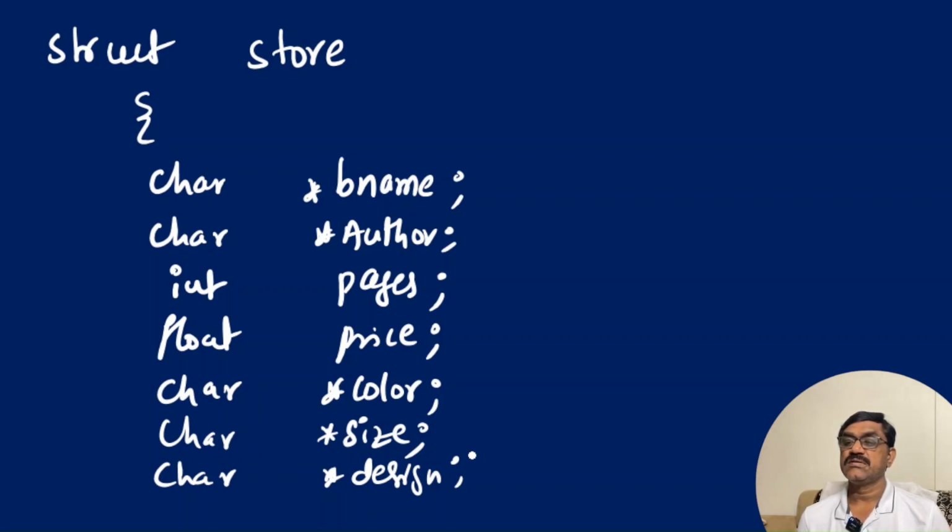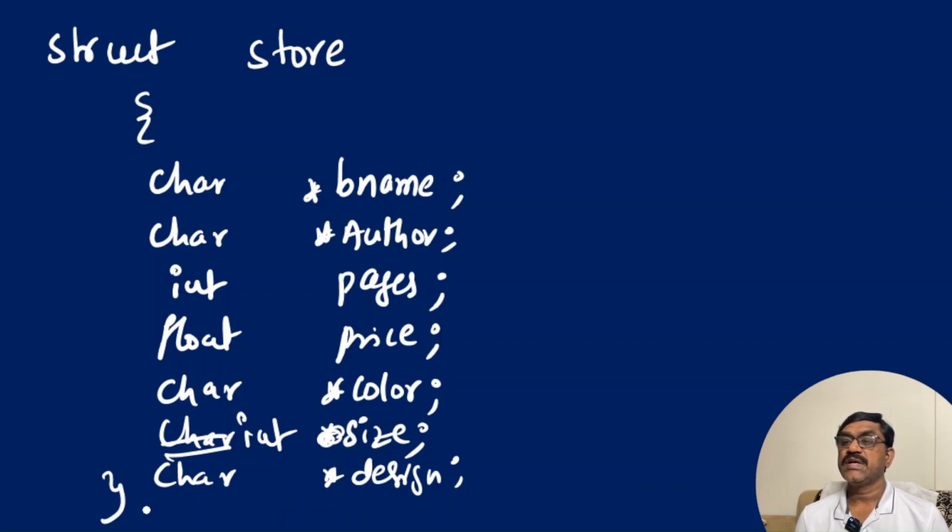Size is an integer, right? Instead of character, you can take integer size. Okay, I'm taking size as type integer and character star design. So these are the important properties of the store.